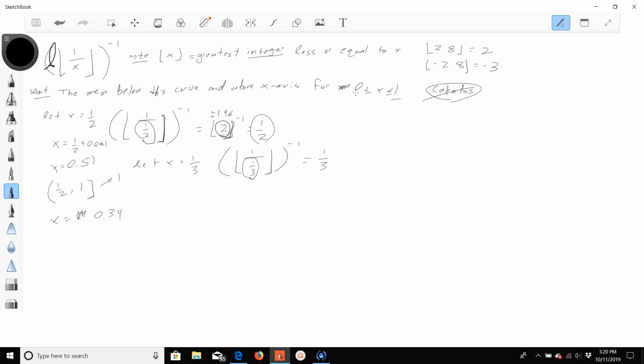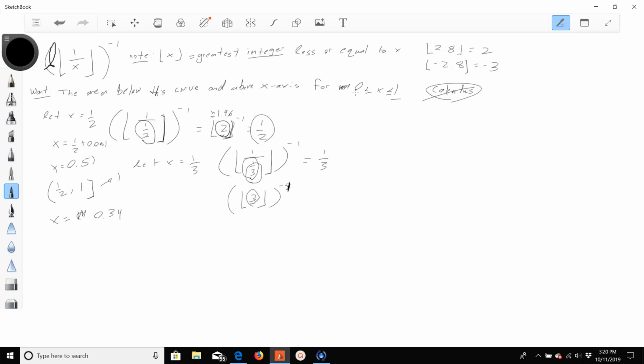Okay, well, what I did in my head here was 1 over a third is 3, the floor of 3, to the negative 1. So when we divide by a slightly bigger number here, we're going to get a slightly smaller number, a number less than 3. So when we take the floor of that number, we're going to get 2, since it's just slightly less than 3.